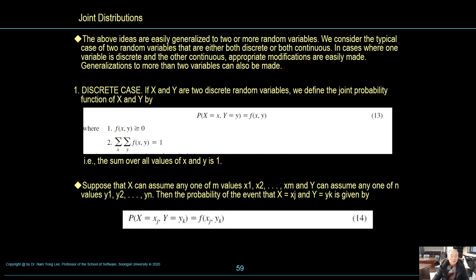Discrete case. If X and Y are two discrete random variables, we define the joint probability function of X and Y by P(X = x, Y = y) = f(x, y), where f(x, y) is greater than or equal to 0, and the double summation of f(x, y) is equal to 1.